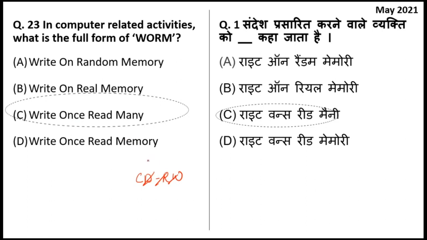You remember, 10-12 years ago, we used to bring CDs to watch movies. Those kinds of CDs were written only once, but they could be run many times, because the manufacturer put a film on that CD, and you had the opportunity to read it as many times as you wanted. So that is the full form of WORM. Do not confuse it with malware. That is a different thing. Here, WORM means write once and read many.